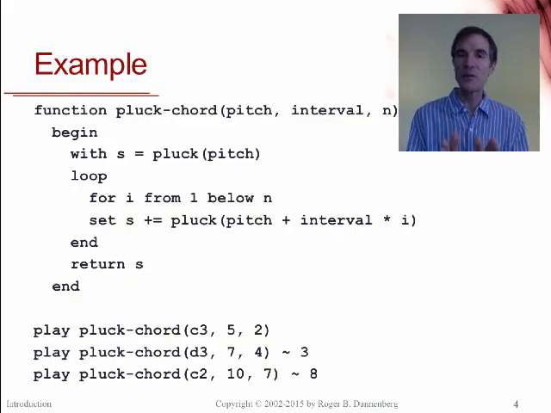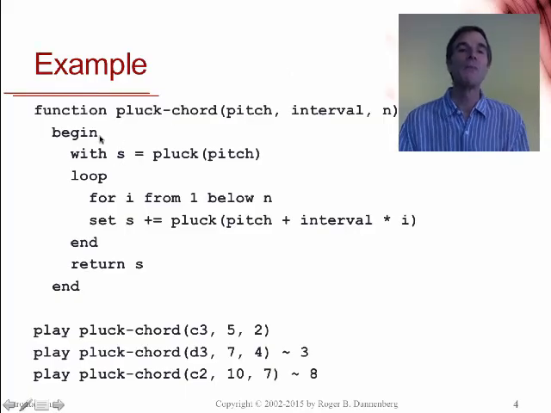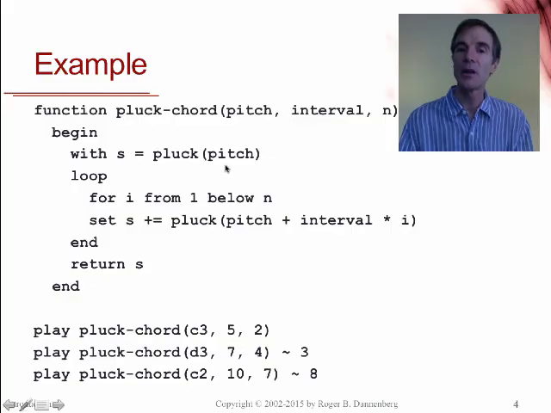So these are only going to be chords with equal intervals, no major, no minor, but you could make a diminished chord or a cluster of whole steps or something like that. Okay, so the body of the function is a begin-end construct, and what we do is we define a local variable s by setting it to the value of pluck pitch.